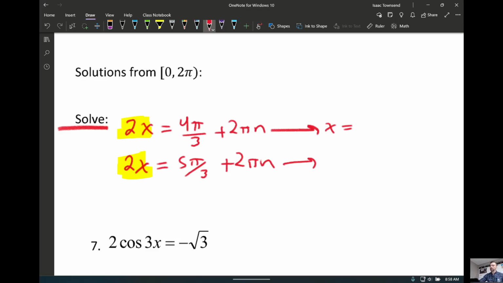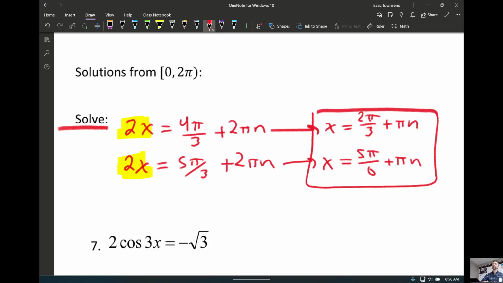So 2x divided by 2, 4 pi thirds divided by 2, and 2 pi n divided by 2. Same with this guy, divide everything by 2. And now I have these formulas that will give me every solution.